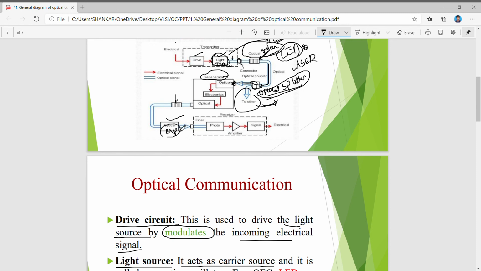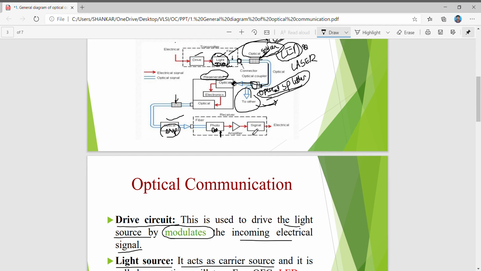Then the amplified signal is applied to the receiver section here. In the receiver section, the first block is the photodetector or photodiode. This photodetector helps us convert the incoming optical signals into electrical signals, and the electrical signal is applied to the amplifier in order to amplify the signal in electrical form.